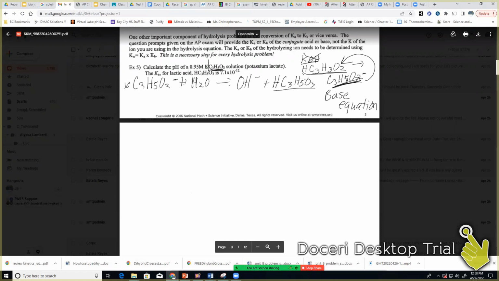This potassium comes from potassium hydroxide, and no matter what I do, those are going to stay as ions because they're more attracted to the water, which would surround these, than they are attracted to each other. So when you look at your salt, you need to figure out which half of it comes from something strong, and then you just ignore it, because what you're really interested in is the part that comes from a weak acid or a weak base.